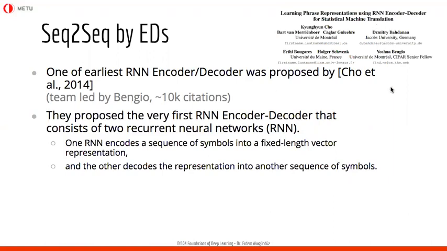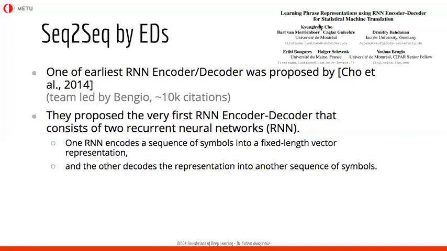The earliest studies of these encoder-decoder architectures were used for learning phrase representations, like a chatbot or machine translation. And actually, even today, most of the sequence models, even the transformers, are some sort of encoder-decoder models. So what is this encoder-decoder model?